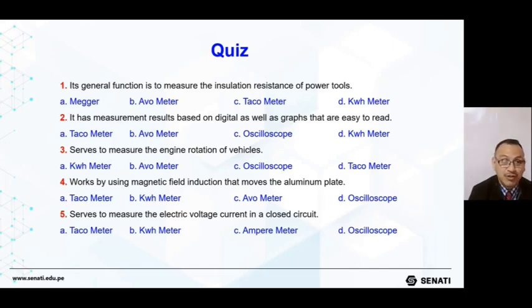Very good job. The answer is letter A, megger. Its general function is to measure the insulation resistance of power tools. Number two, it has measurement results based on digital as well as graphs that are easy to read. Tachometer, avometer, oscilloscope, and kilowatt meter.